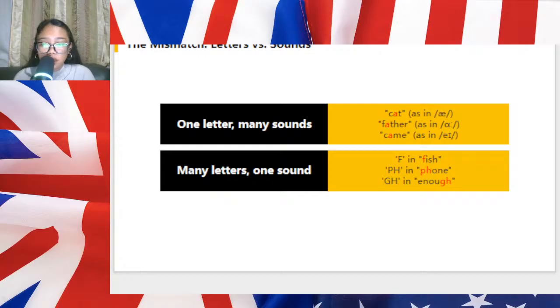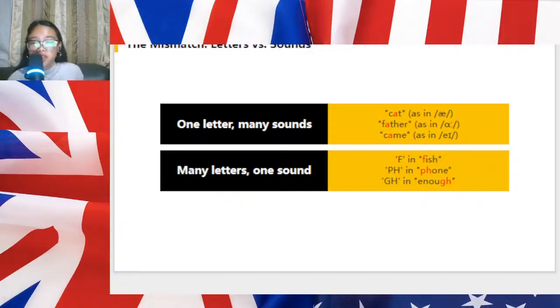All right, moving on. Does this look familiar to you? These are examples that we have provided earlier. Now, you might wonder what's the difference between the two. When we say mismatch, and specifically more on letters versus sounds, it neatly summarizes the two core challenges we discussed last time, right?